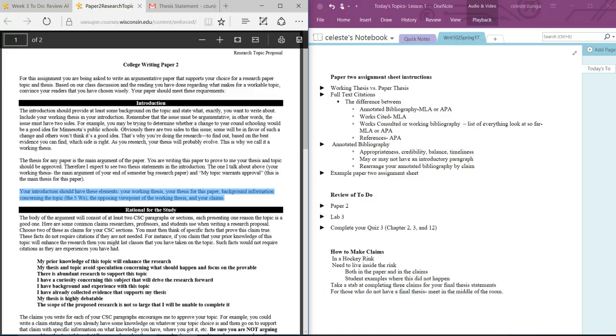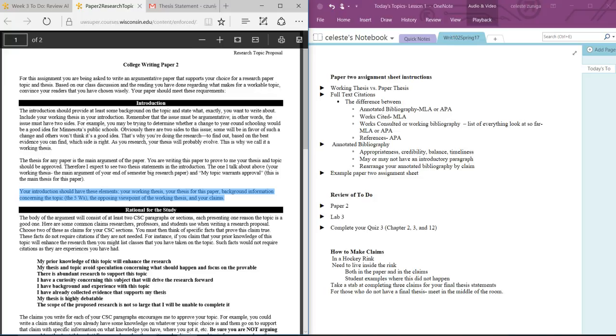So with that being said, when you develop your working thesis, it's what your final paper will prove true. Your thesis statement will emerge from doing all this research and adjusting your working thesis, and your final paper will prove your thesis true. However, any main point of a paper is the paper's thesis.